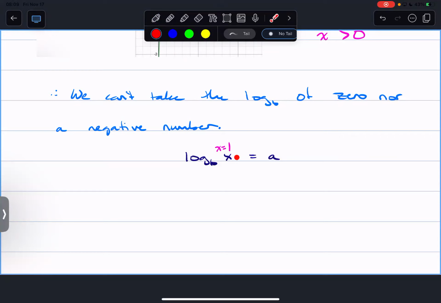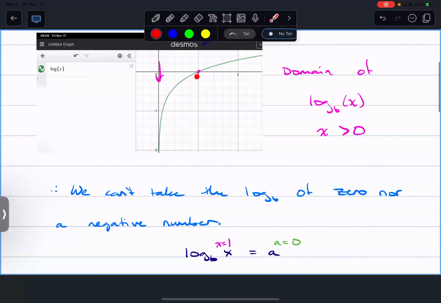But in order to get to 1, if b is a positive value, which was one of the things we established, then a has to be 0. Anything to the power of 0 is 1. So a must be 0. That's always going to be a fact: any graph of the log is going to go through 1, 0. When x is 1, the output is 0.